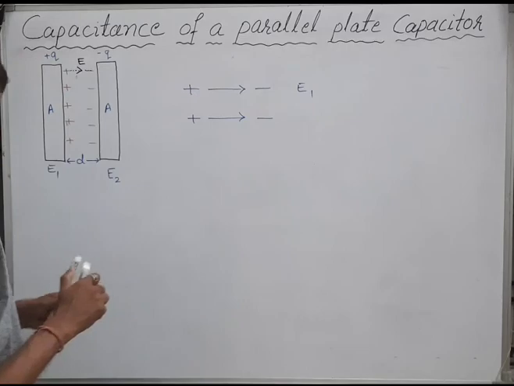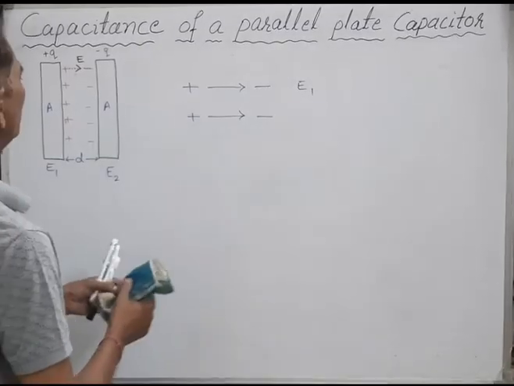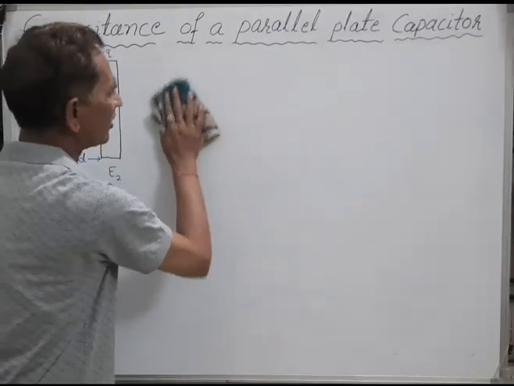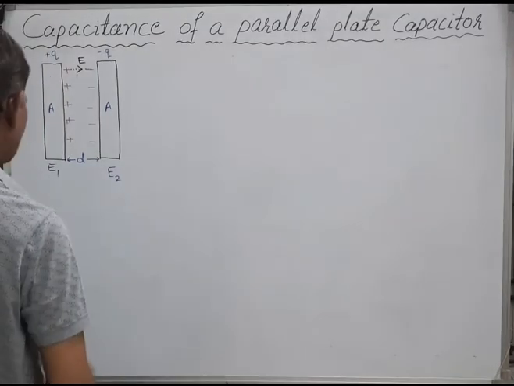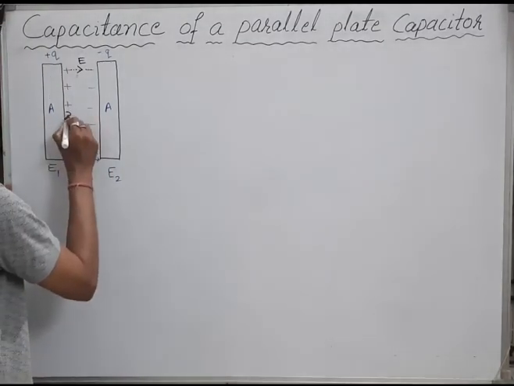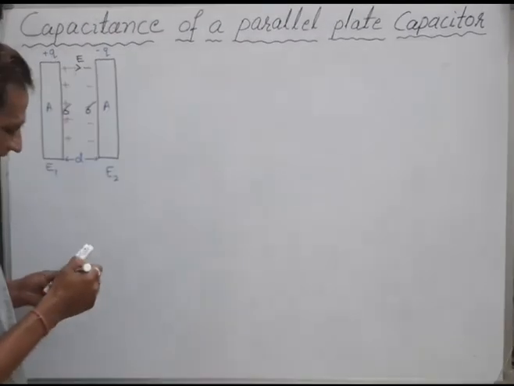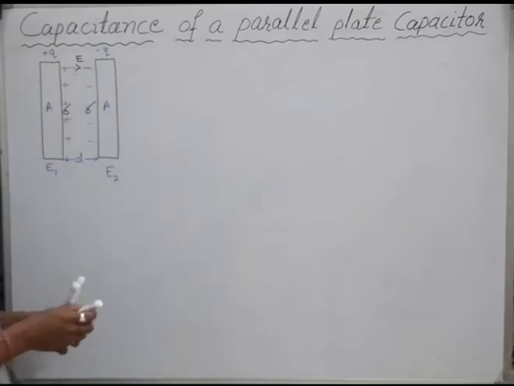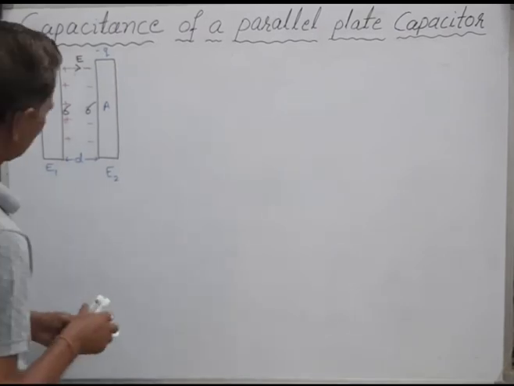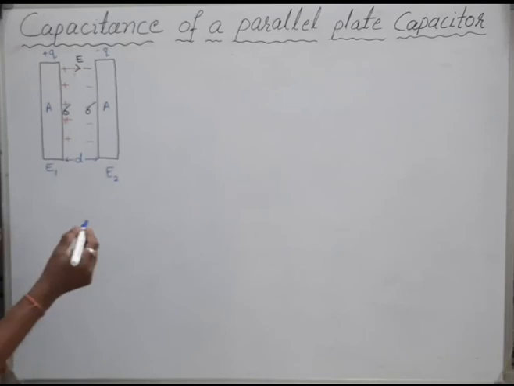Let us find out the net electric field, because charge density is found on each plate. It is denoted by sigma. First of all, let me explain the diagram.